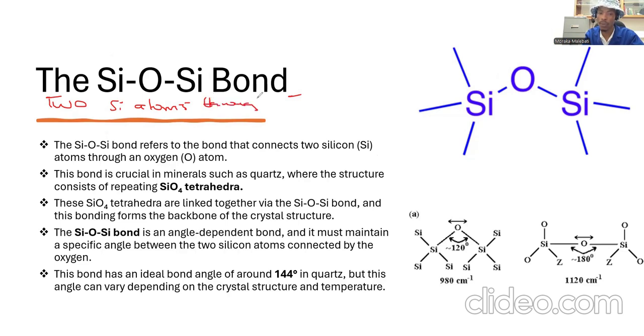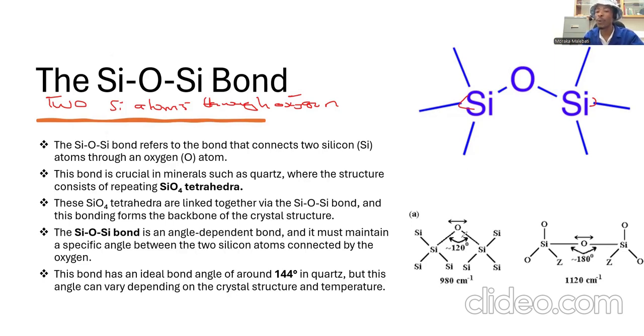You can see this is a silicon atom, and these silicon atoms are connected through oxygen. That's what you call the Si-O-Si bond.